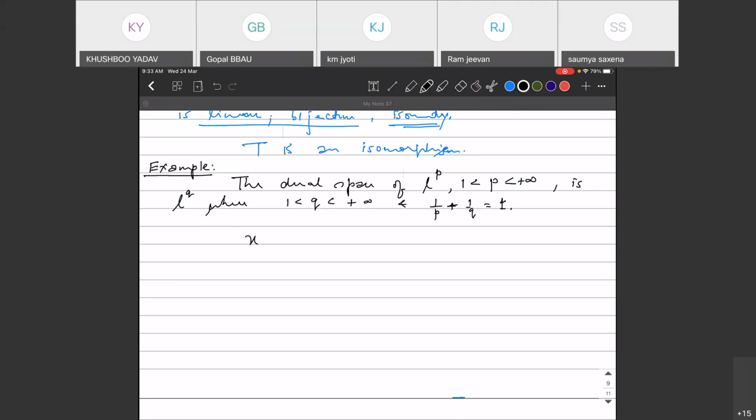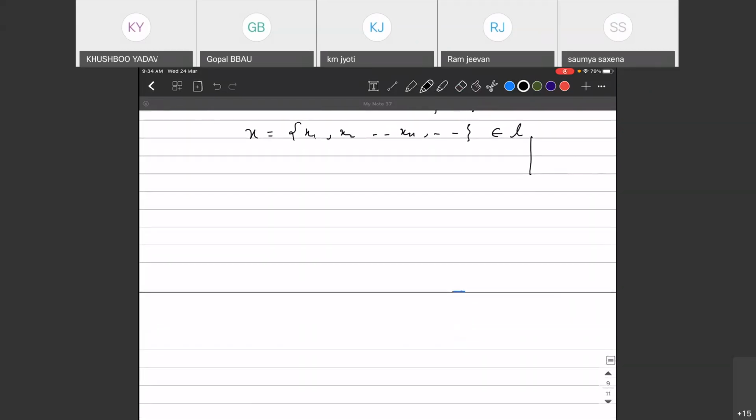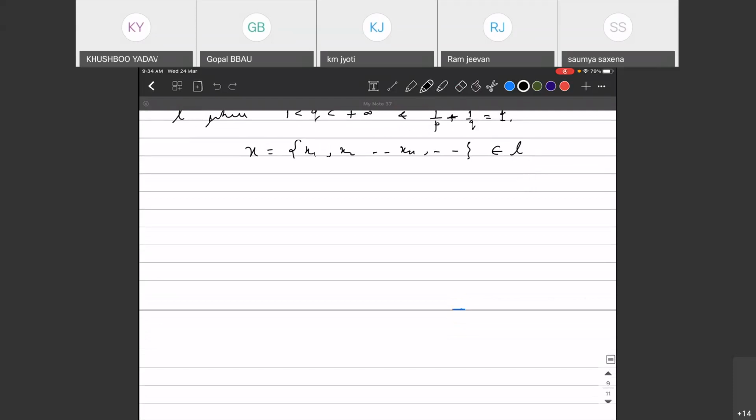So if x equal to x1, x2, xn and so on belongs to LP, क्या हो रहा है? तो क्या कंडीशन होनी चाहिए? summation of mod xi power p, i from 1 to infinity, whole power 1/p.